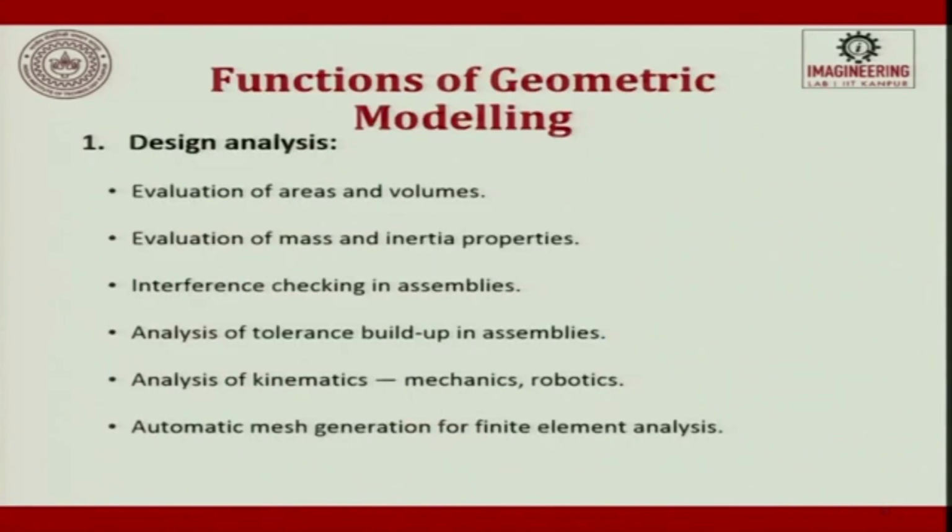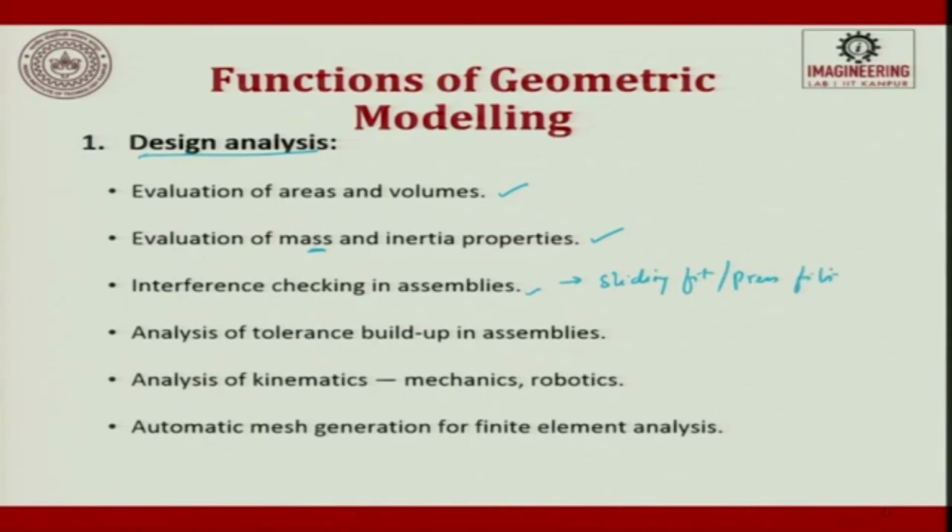When we try to look into the functions of geometric model, it helps in design analysis, in evaluating area, volume, evaluation of mass, inertial property, in interference checking in the assembly. So, when we talk about sliding fit, press fit, all these things.